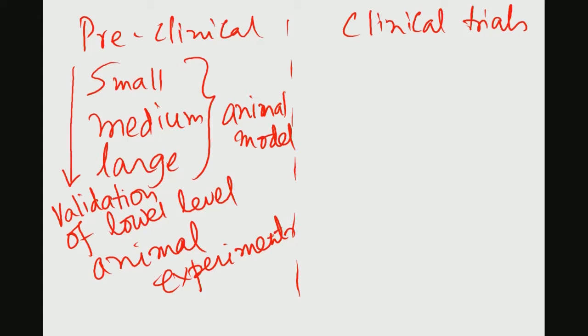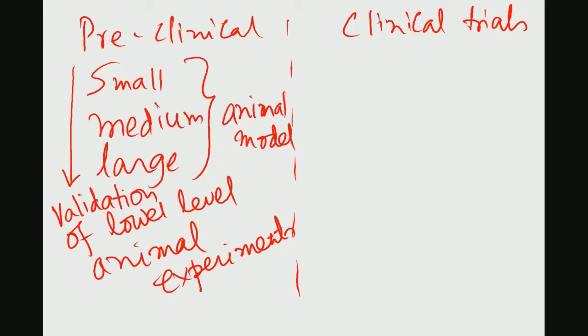And there I mentioned very clearly that as the size of the animal increases, the complexity of the in vivo physiological environment also increases, and animal ethical committee approval will become more and more difficult.